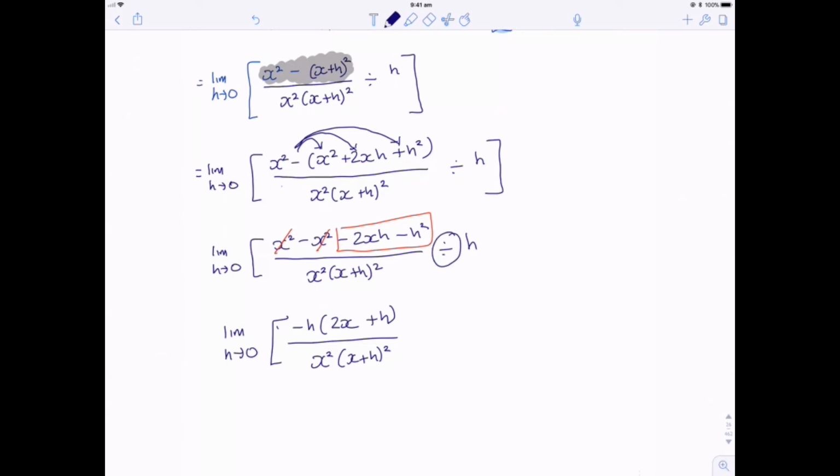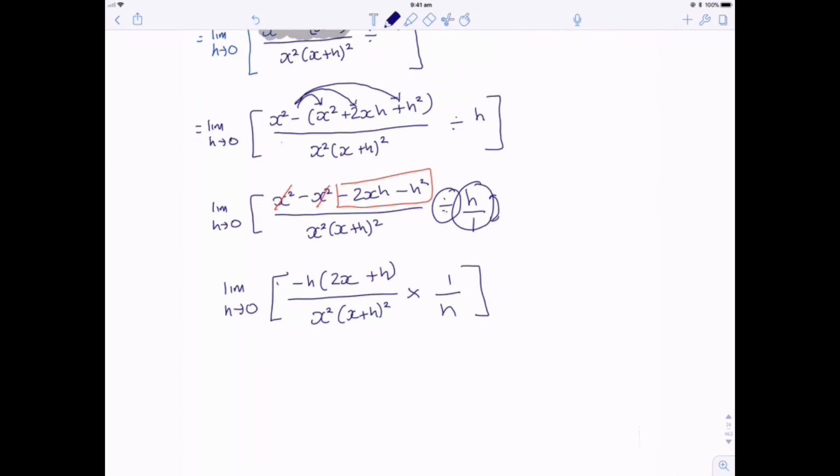And to divide two fractions, we could just make this over 1. We could actually flip these two around, and then the division becomes a times. So we have 1 on h. Okay, so we flip this fraction around, and the division will become a times.